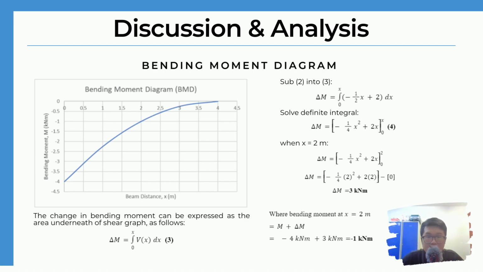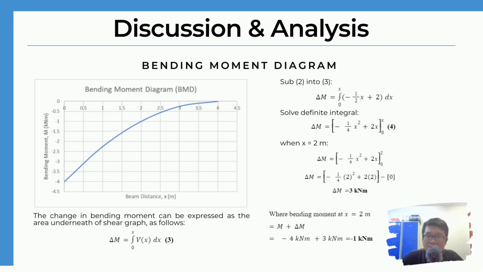By substituting the equation of the shear force graph, we get delta M equals the integral of negative half x plus 2 dx, with upper limit of x and lower limit of 0. By solving this definite integral, we get delta M equals negative 1 over 4 x squared plus 2x, with upper limit of x and lower limit of 0.